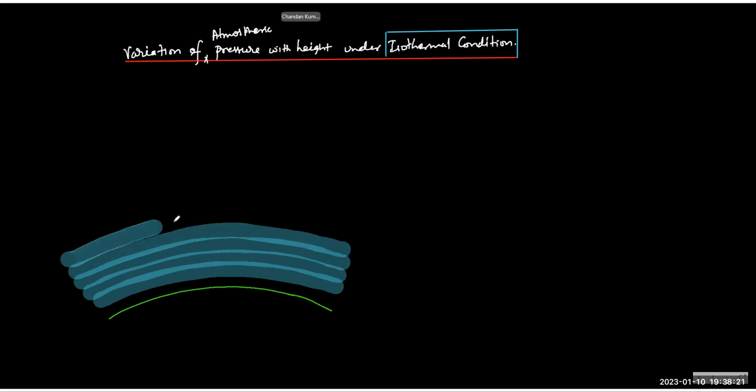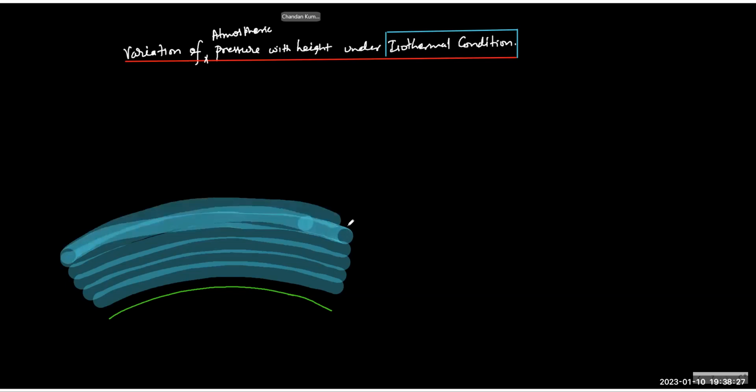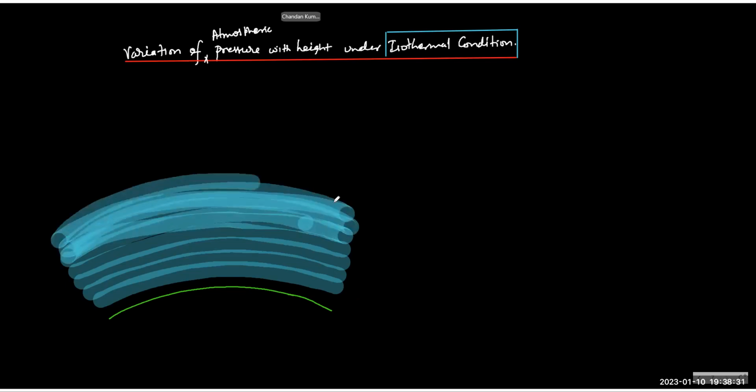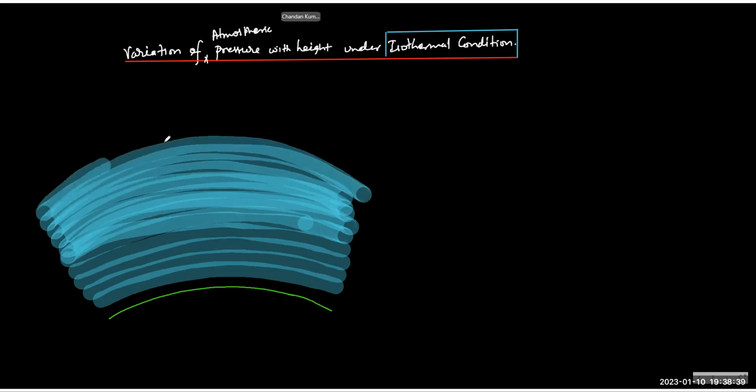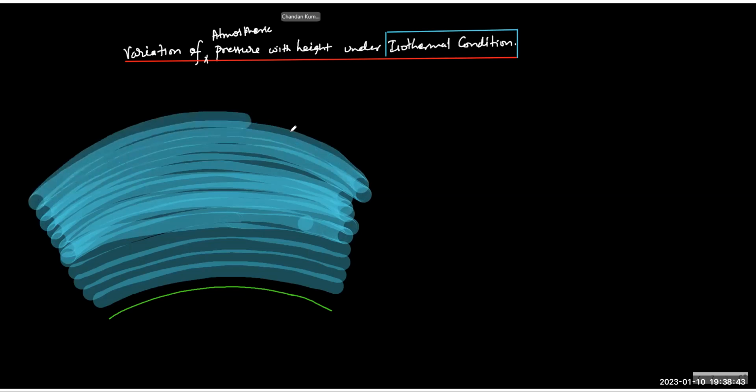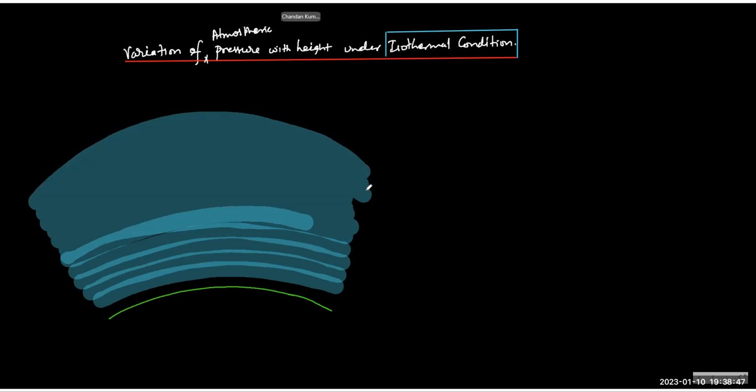This kind of derivation is also typical of derivations in fluid mechanics. Okay, now I'm getting tired, so I'll just draw like this. Oh, this is a nice atmosphere. Fine.